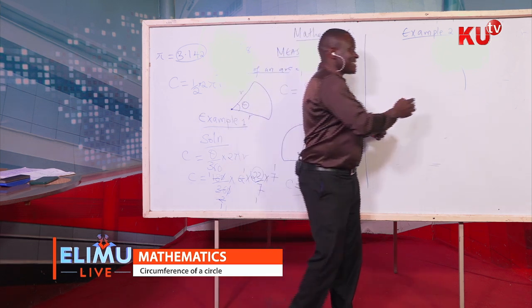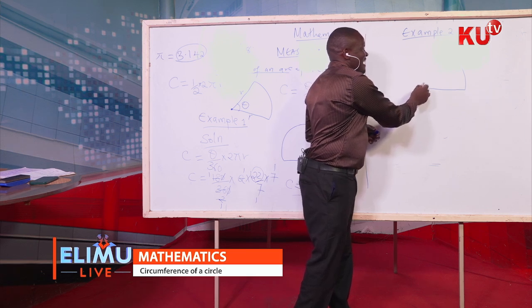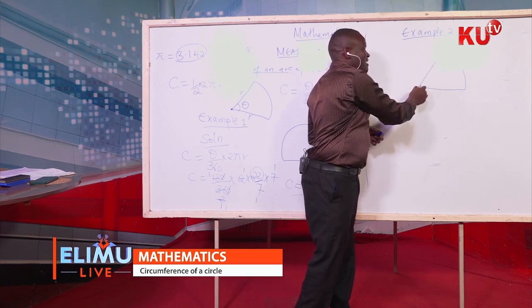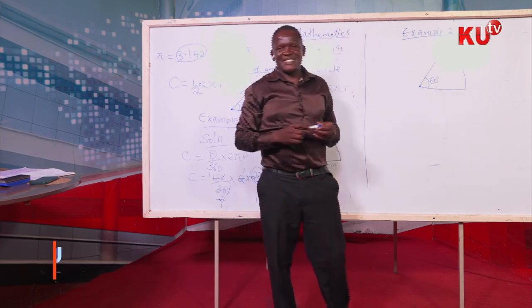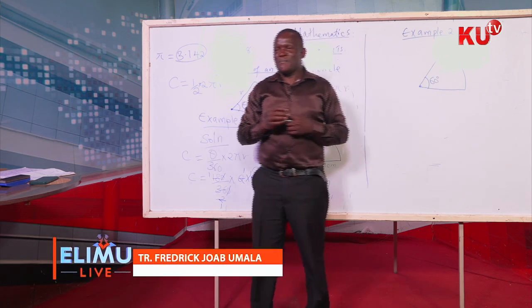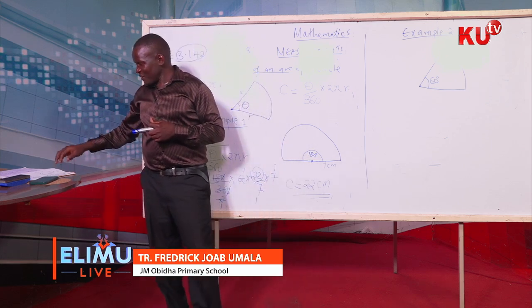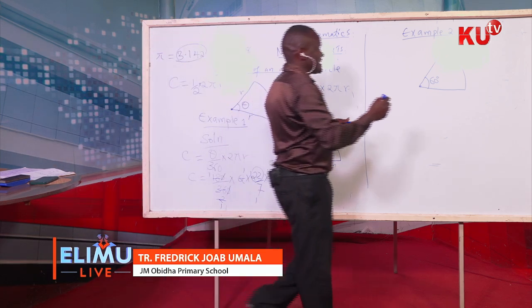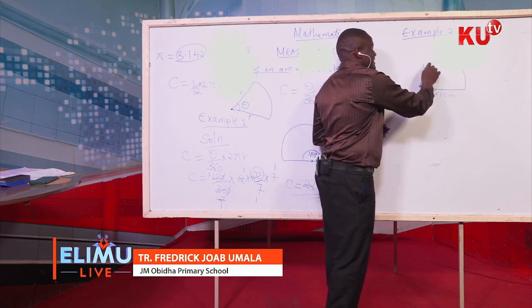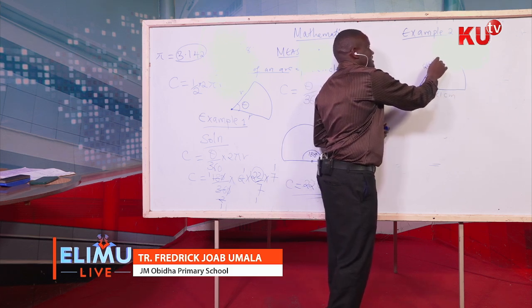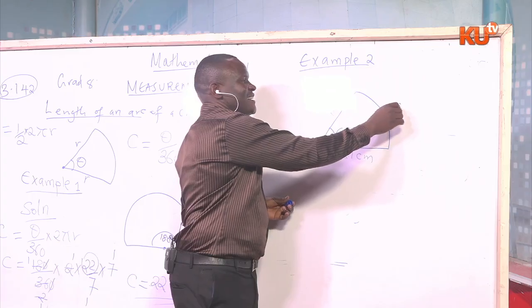And the arc subtends an angle of 60 degrees to the center with a radius of 21 centimeters. So the radius is 21 centimeters. So this is the arc.